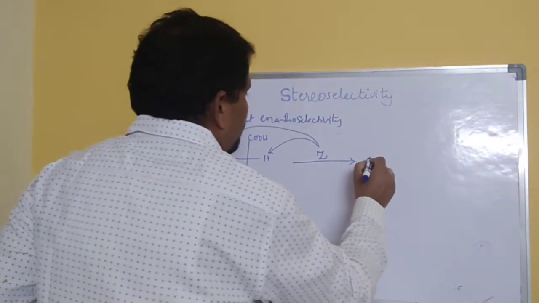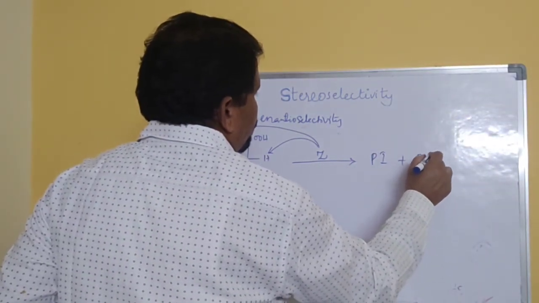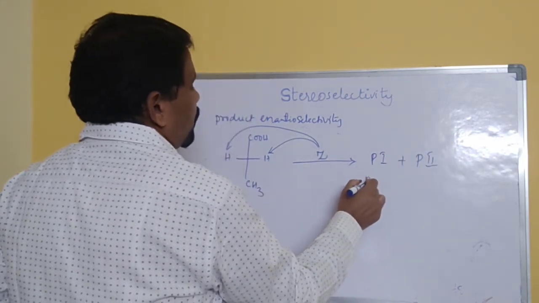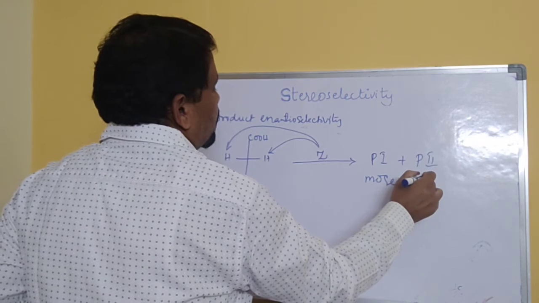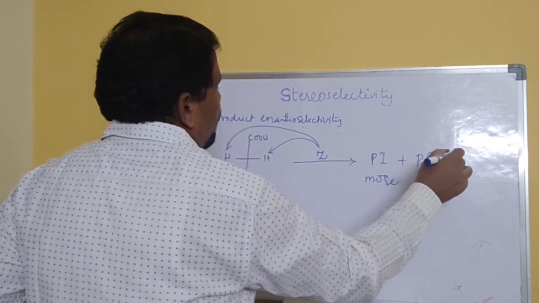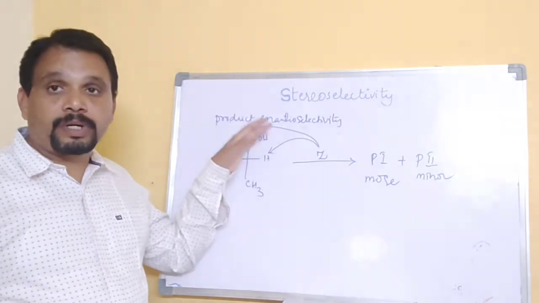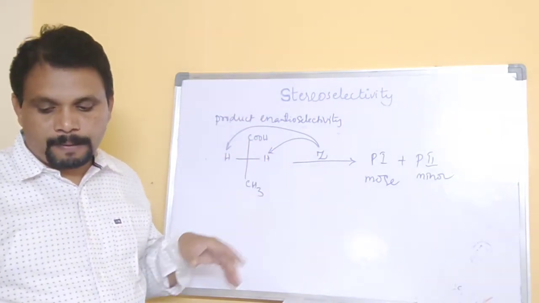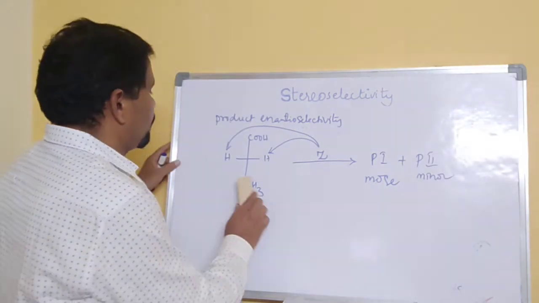In P1, two enantiomers are possible. Suppose P1 is more and the other is less, minor. So this is the example for product enantioselectivity.